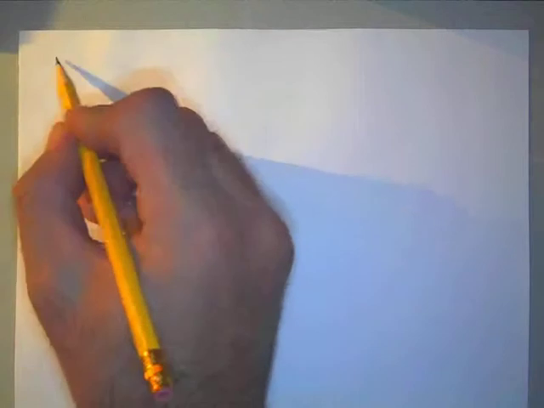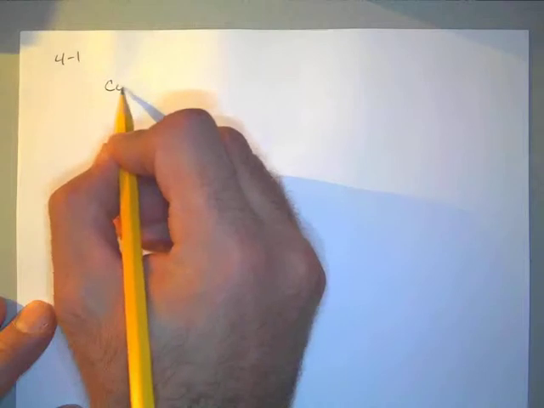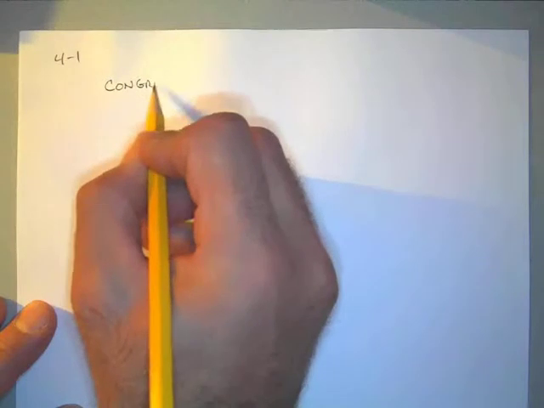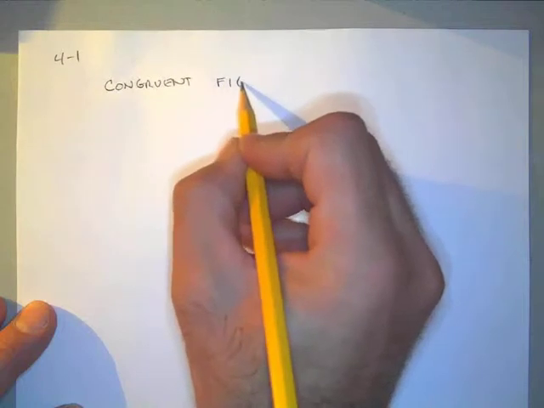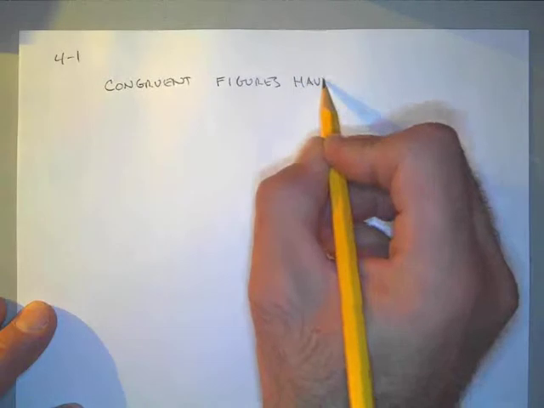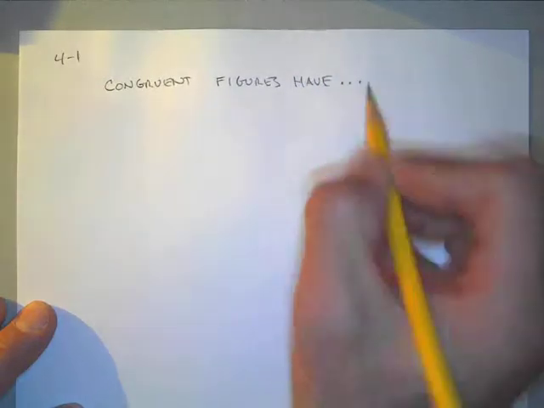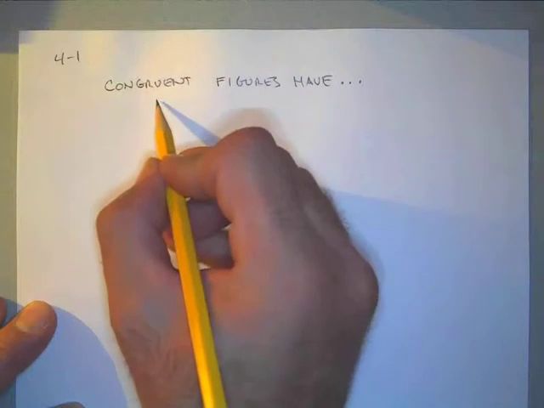Today we're going to talk about section 4.1 in our textbook, and it's all about congruent figures. So here's the first definition. Congruent figures have two attributes that are as follows.